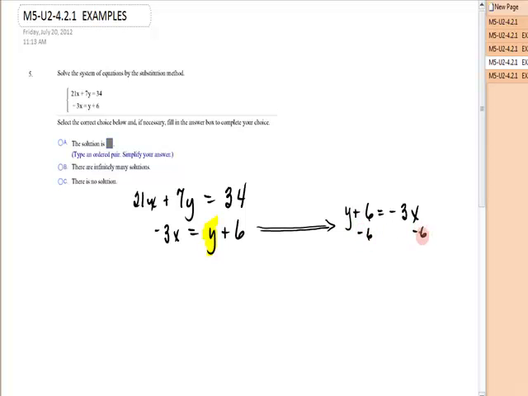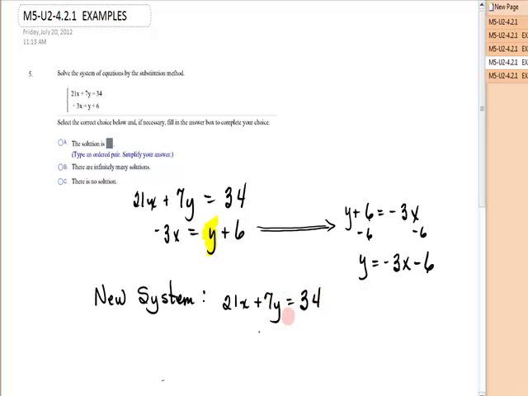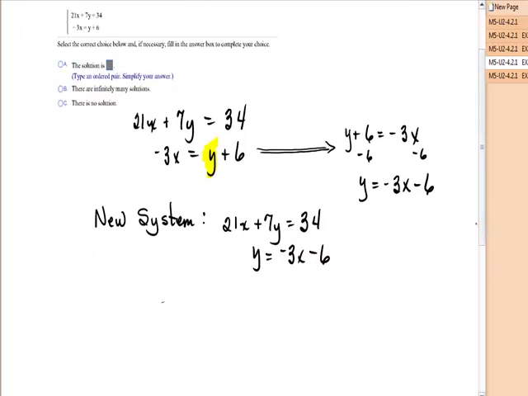Subtract 6 from both sides, and I get y is equal to negative 3x minus 6. I have a new system. The new system is 21x plus 7y is 34, and y equals negative 3x minus 6. Now it's ready.